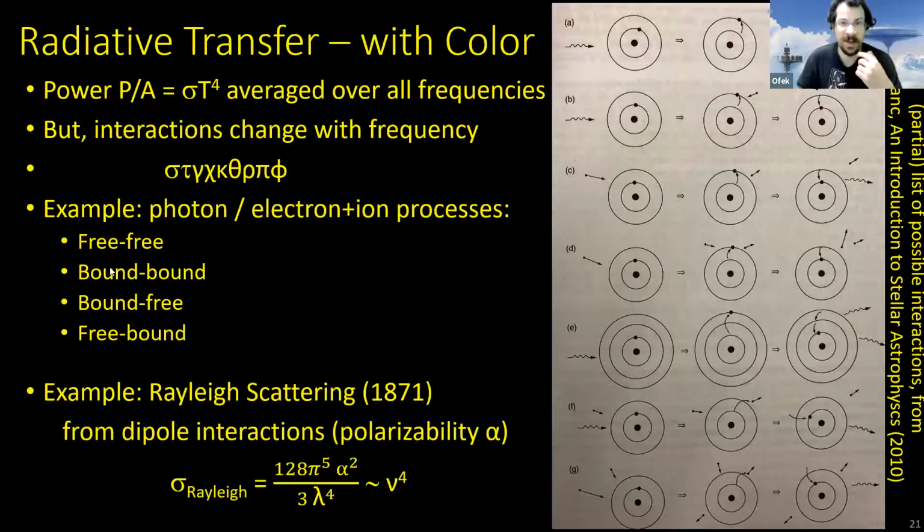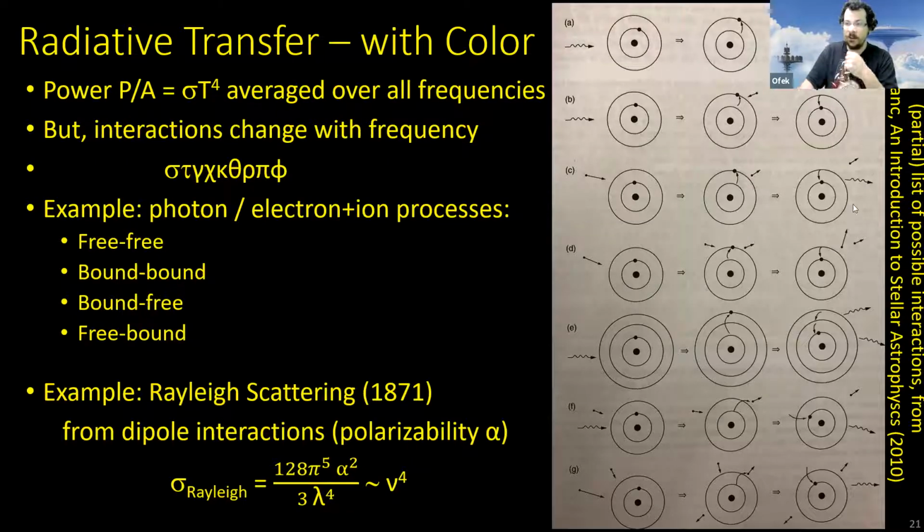Bound-bound, that's the classical photon hitting an atom and moving a bound electron to a different energy level, so it's still bound. Bound-free, which is ionizing an atom, or free-bound, which is a photon hitting an electron around an atom, and the product is that the electron is now bound by the atom, and the photon gets scattered or something like that.